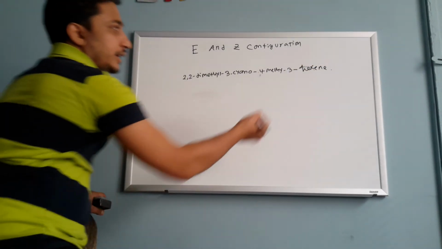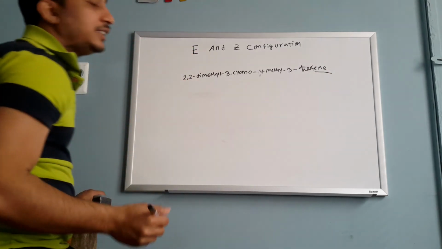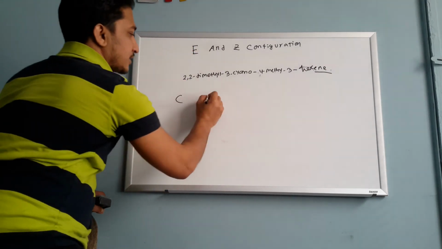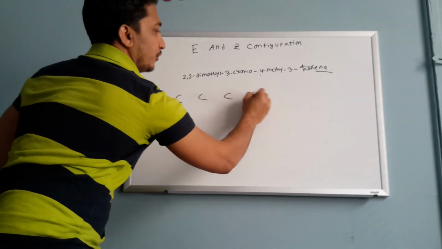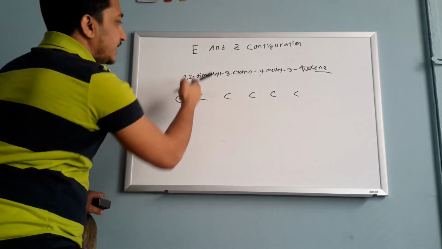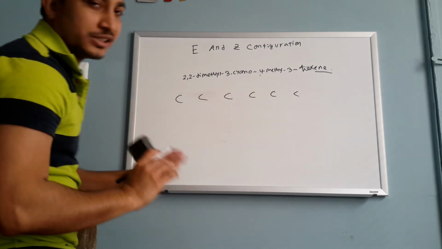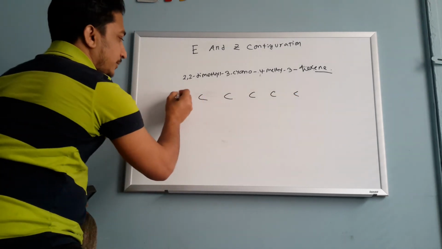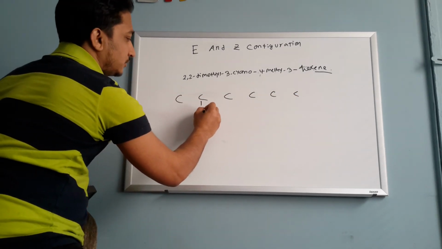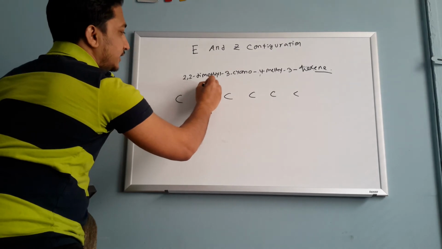So ene means what? Ene means double bond, right? Hexene means how many? 6. So write 6. 1, 2, 3, 4, 5, 6. It's saying number second position. Give anyone is number 1. This side is number 1, that's number 1. It doesn't matter. For example, this is number 1. Obviously, this is number 2. CH3. This is CH3.